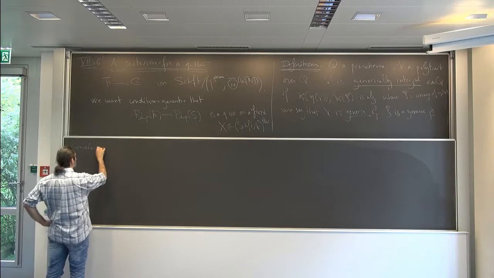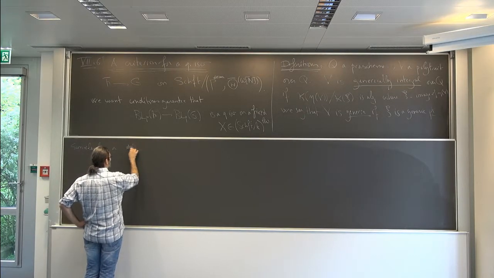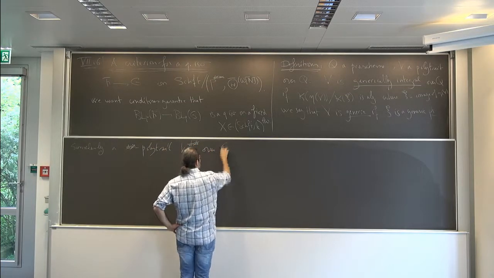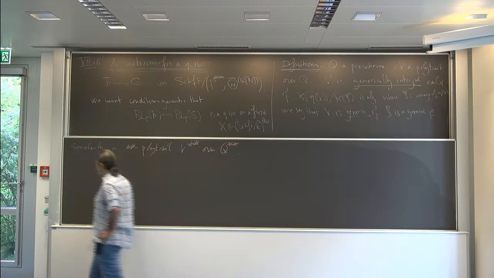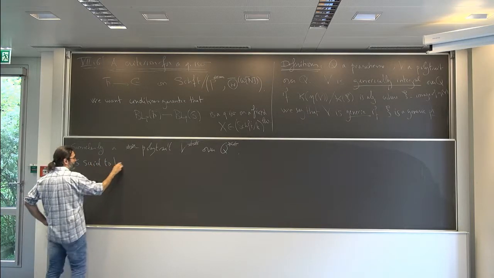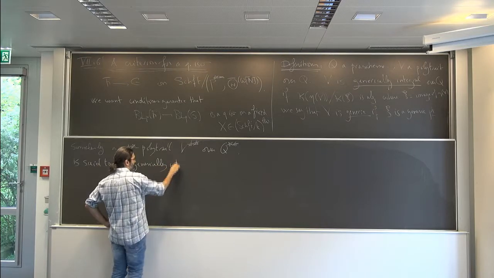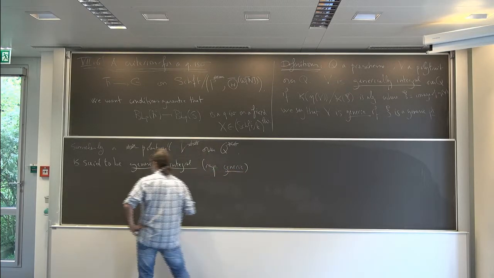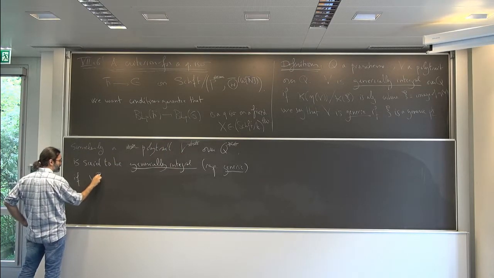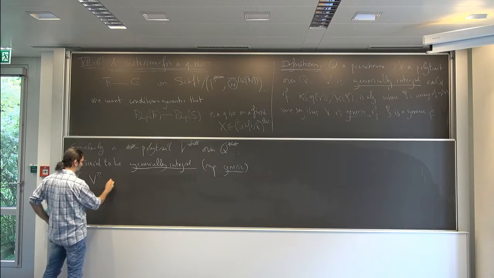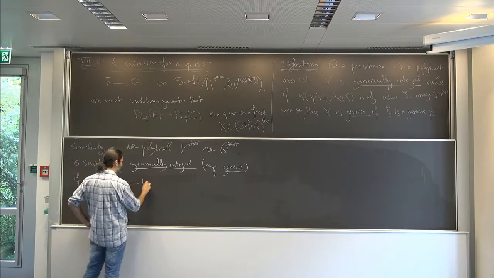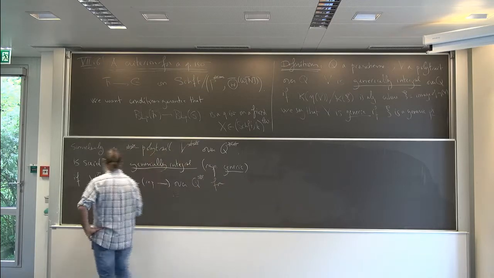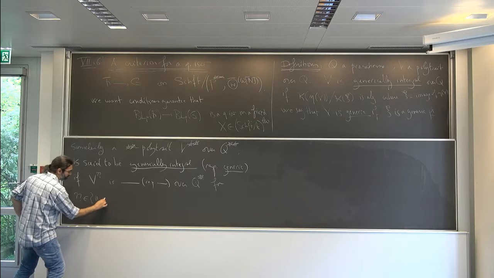So similarly, a double star polytray V double star over some pro double star scheme Q star is said to be generically integral, respectively generic, if V double star (i, j) is generically integral, respectively generic, over Q for (1,1), (1,0), (0,1).